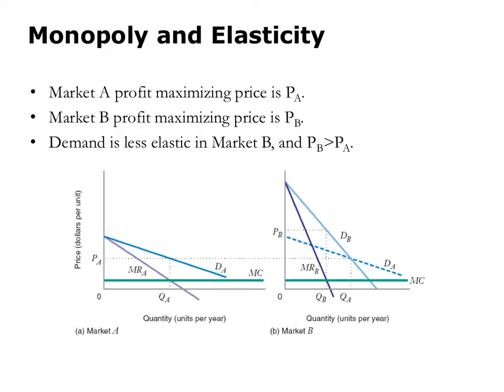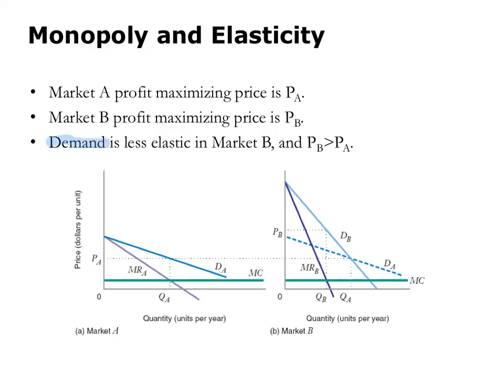Both firms are profit maximizers, and so each chooses its quantity by figuring out where marginal revenue equals marginal cost. Each firm then looks to demand, at this quantity, to find the highest price that consumers would be willing to pay. And what we see from the comparison of the two graphs, the price is higher in market B than it is in market A because demand is more inelastic in market B than it is in A.